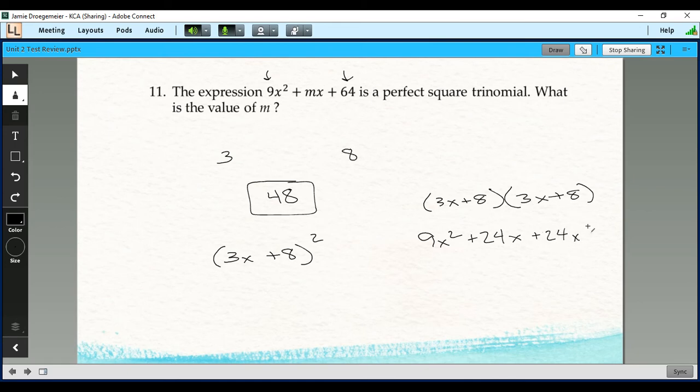And then finally, 8 times 8 is 64. And so when we add those together, 24x plus 24x is 48x. And so to get that middle term, we take 2 times the a term times the c term, that coefficient. So 48 is our number here.